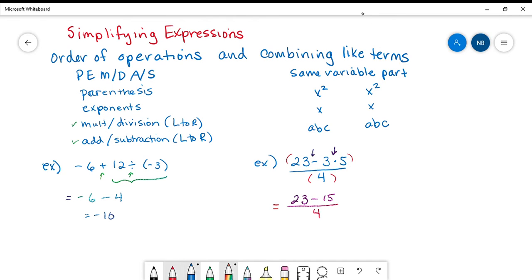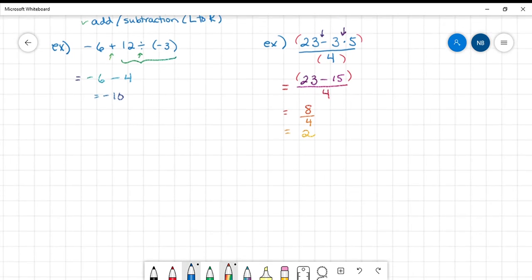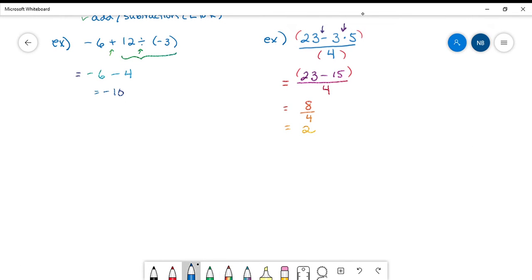And then, since I am visualizing those parentheses around my numerator, I now work inside those parentheses. I have 23 minus 15, which is 8, still over 4. And of course, 8 divided by 4 is 2. And I'm finished.